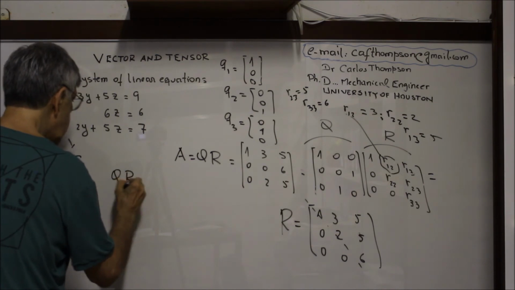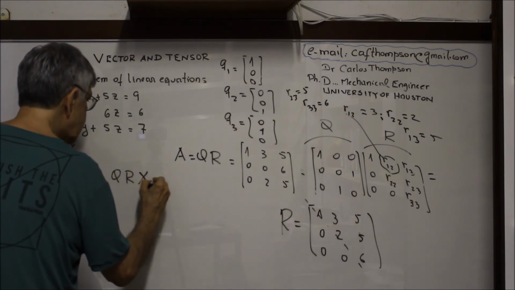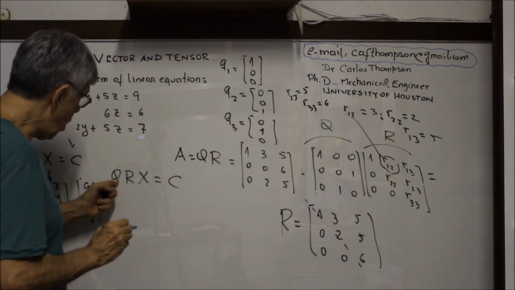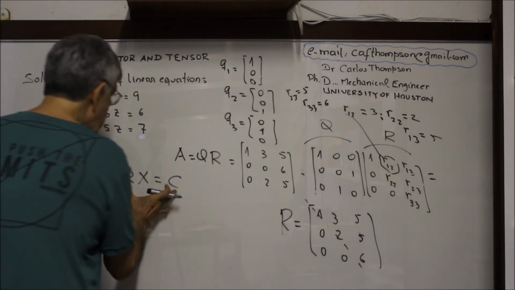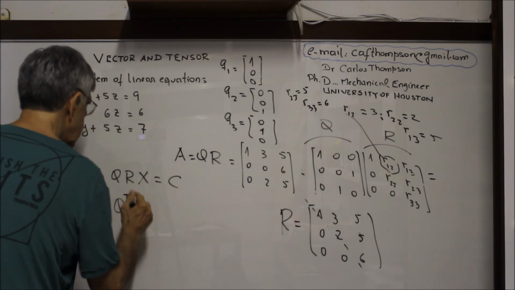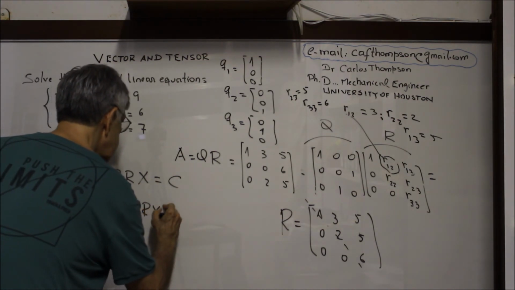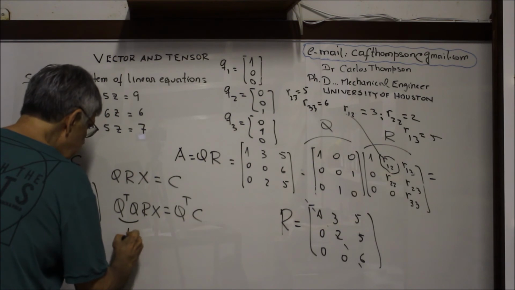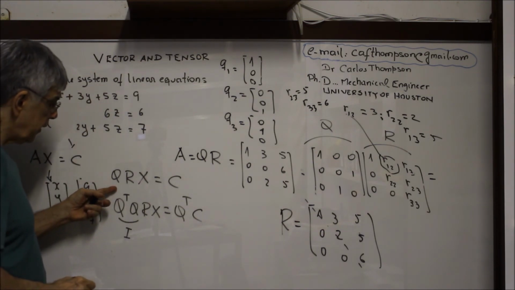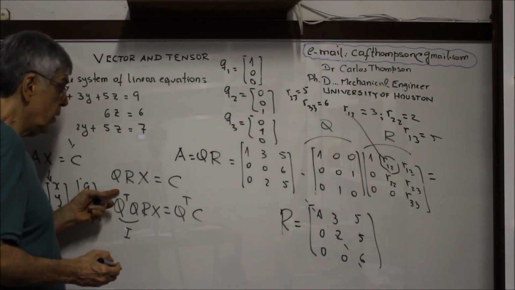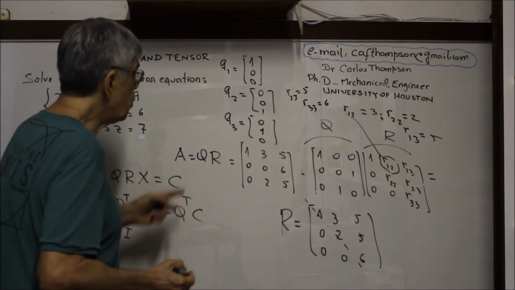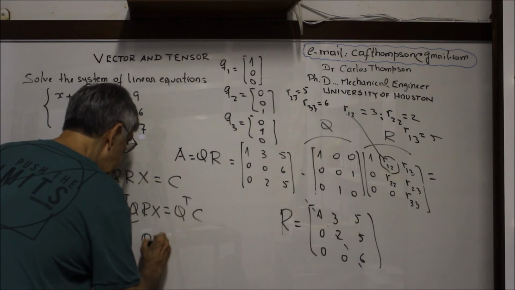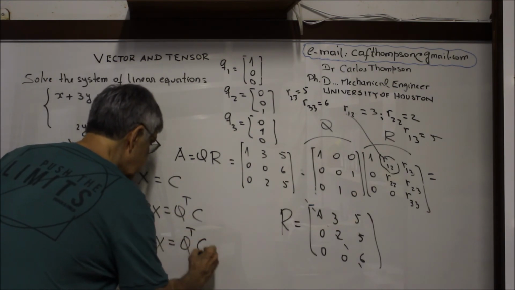Now comes the great advantage of this matrix Q: multiply by Q transpose on the left-hand side. Q transpose Q Rx is equal to Q transpose times c. Q transpose Q is I, because Q transpose is the inverse of Q, because Q is Q1, Q2, Q3, the standard basis. So Rx is equal to Q transpose times c.